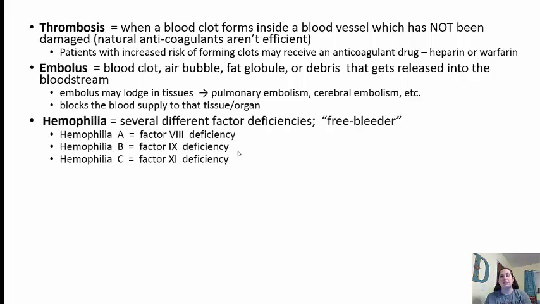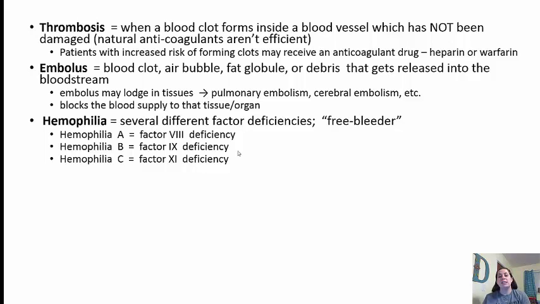Now, another thing that deals with blood when we're talking about clotting is hemophilia. Hemophilia is a genetic disorder. There's several different types due to deficiencies in different types of coagulation factors, like different dominoes that have been removed from the sequence. Individuals who have hemophilia are considered free bleeders. This means that they can bleed for a very long time over a very simple or non-severe cut or injury.